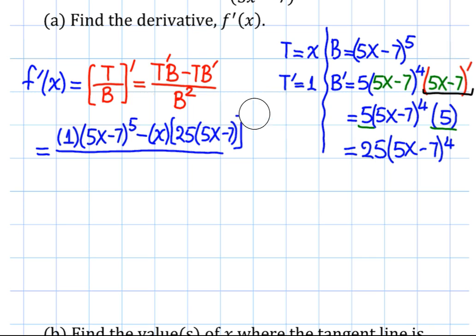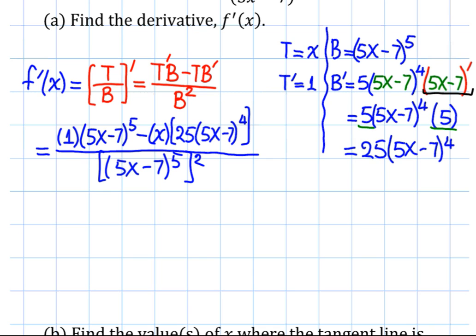I should put the 4th inside the bracket. That's what we should have, all of that over the bottom squared. And then we have to square that.